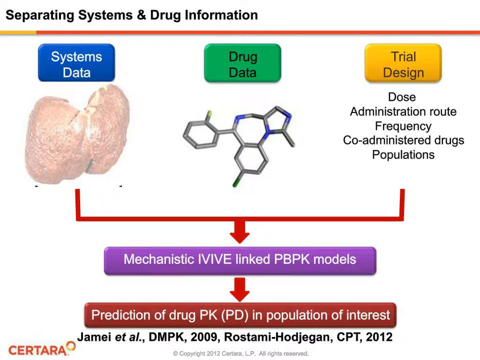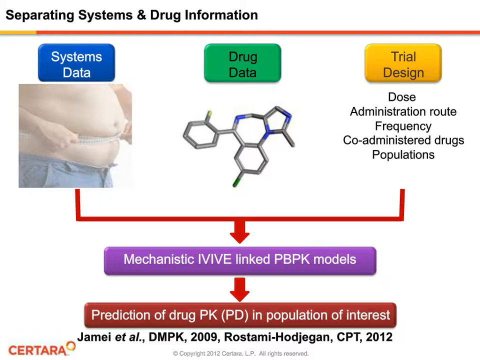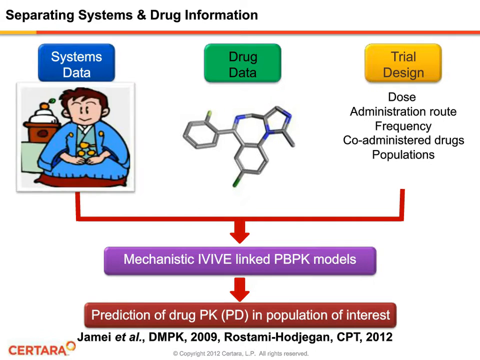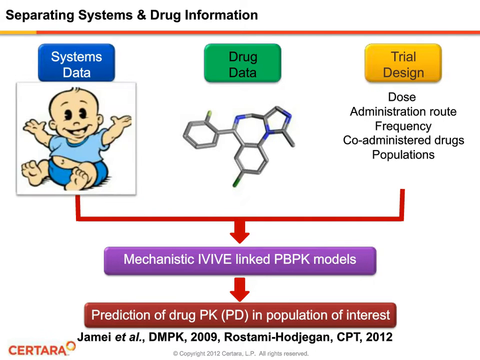What would happen is we would load up the appropriate parameters here for a cirrhosis population and apply that to your drug compound file and see how that impacts the PK parameters. And the same with an obese population. Also, you can see an elderly population and also a pediatric population.